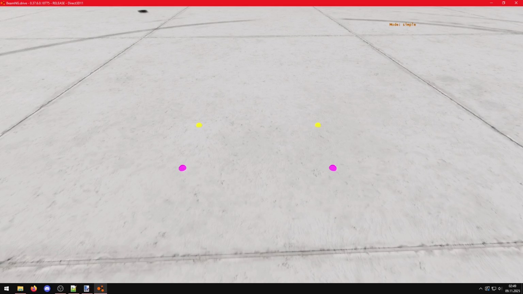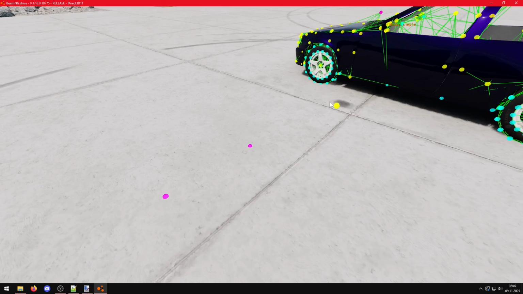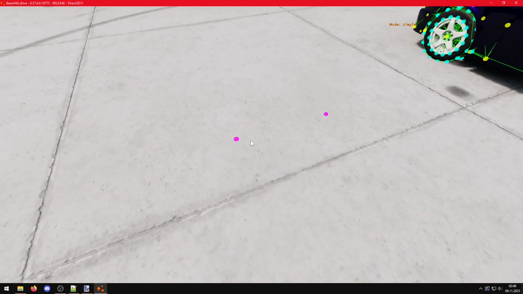But that's exactly what I'm trying to point out here. The torsion bar will not connect your nodes together with beams. It's important that you do that yourself, so that this doesn't happen. I don't know where it went.